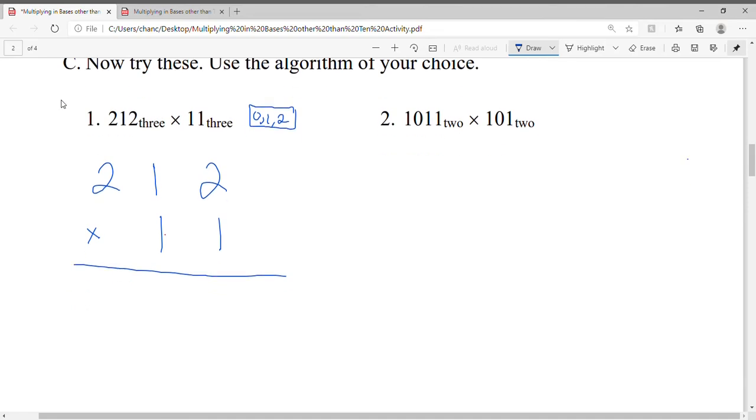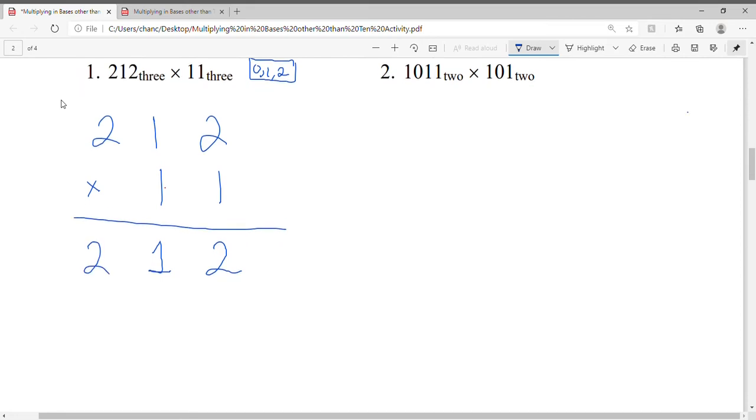So let's multiply. 1 times 2, that's 2. 1 times 1, that's 1. 1 times 2, that's 2. 1 times 2, we're going to move underneath this one. 1 times 2, that's 2. 1 times 1 is 1. 1 times 2, 2 again.